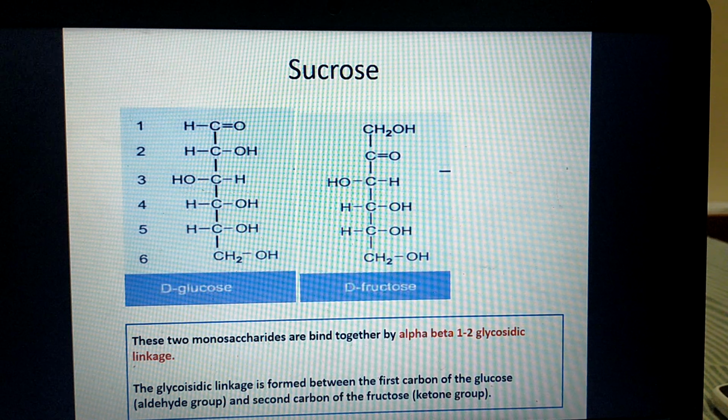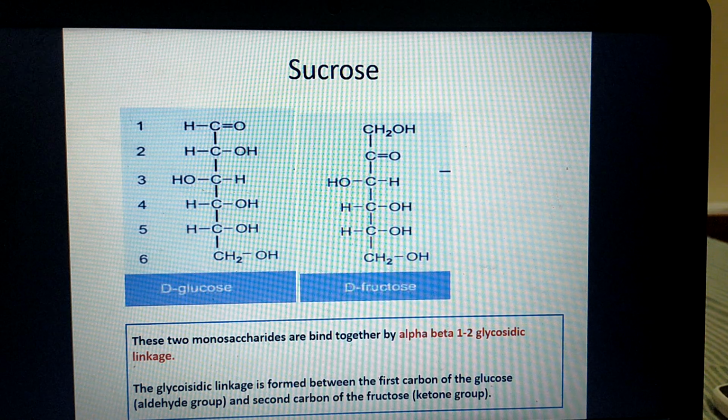Here the linkage is formed between glucose and fructose, in which the first carbon of glucose combines with the second carbon of fructose to form an alpha beta 1,2 glycosidic linkage.